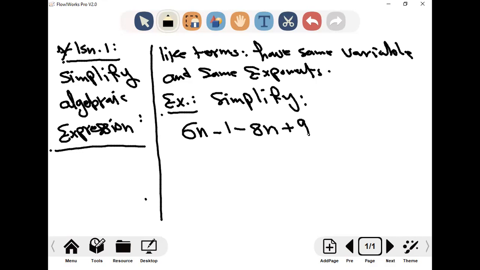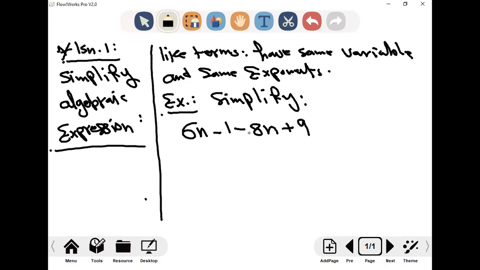Now, to simplify here, first I need to know how many terms we have. We have 1, 2, 3, 4 terms, and 6n is a like term with negative 8n, and negative 1 is like with 9. We said the numbers together are like terms. So let's combine the like terms together.